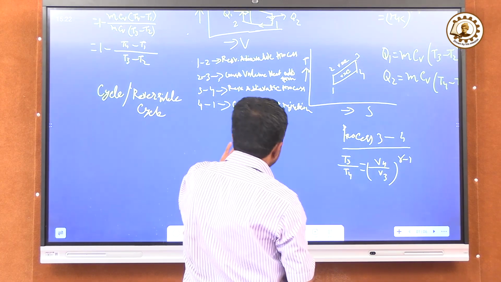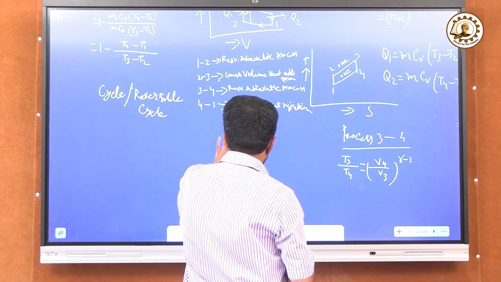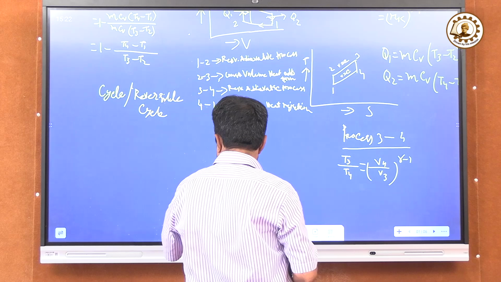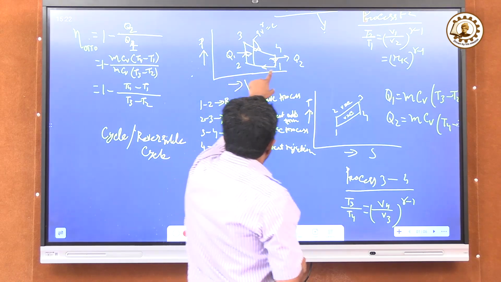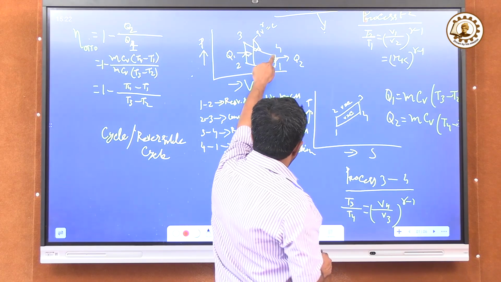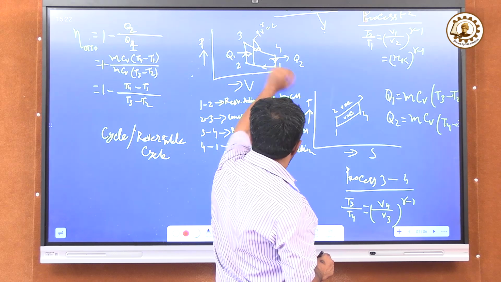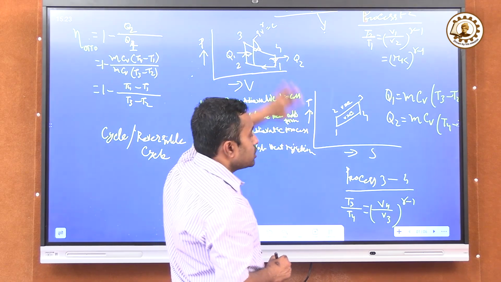Now see that V4 is nothing but V1, as this is constant volume, the volume is not changed, and similarly for V3 and V2 there is no change.